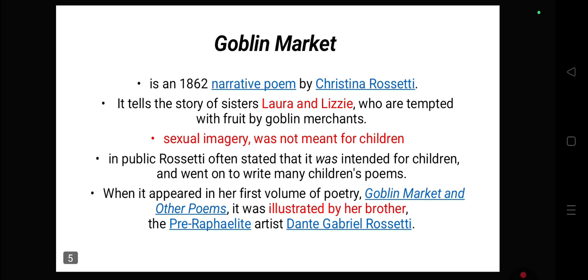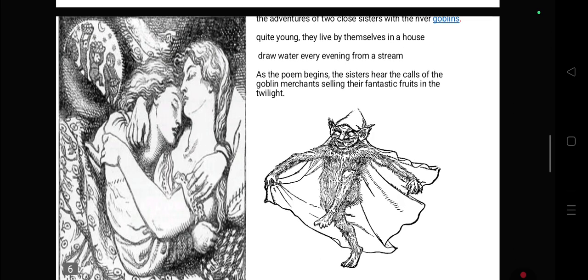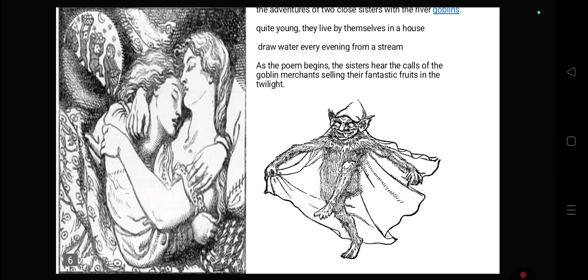It was illustrated by her brother, the pre-Raphaelite artist Dante Gabriel Rossetti. The poem was composed by Christina Rossetti, while its cover picture was illustrated by D.G. Rossetti, the picture you have already seen of these two sisters lying together.